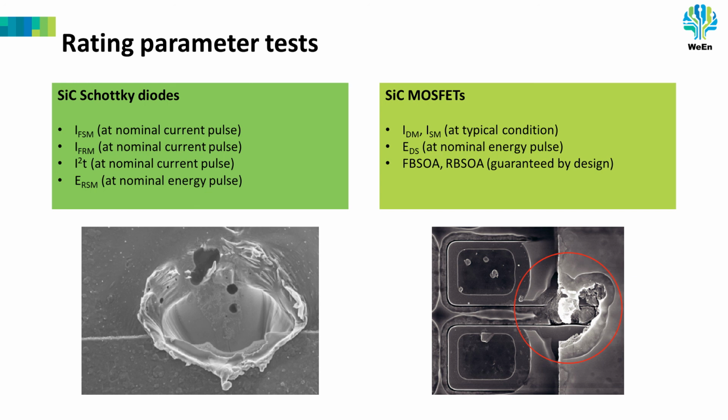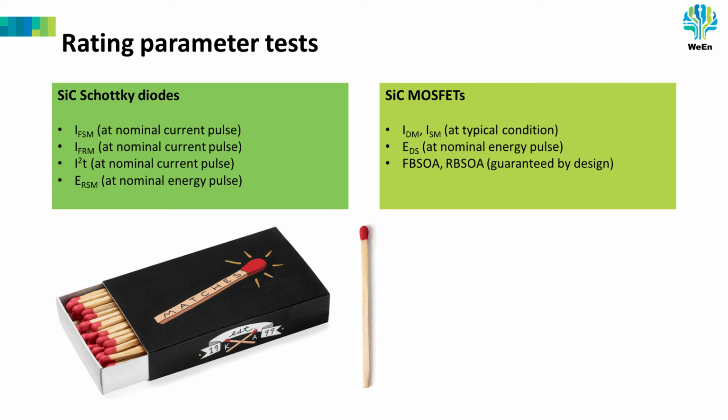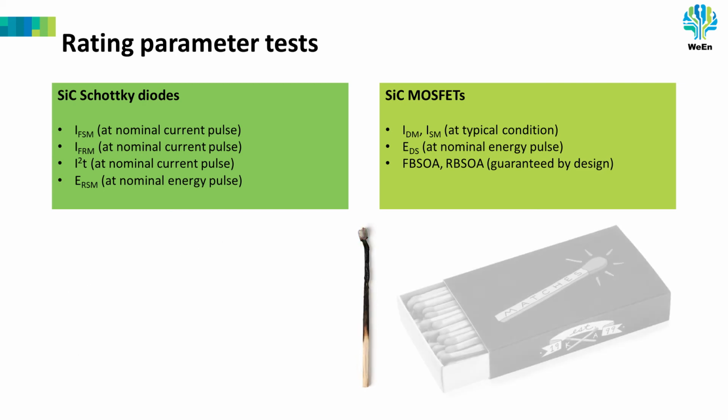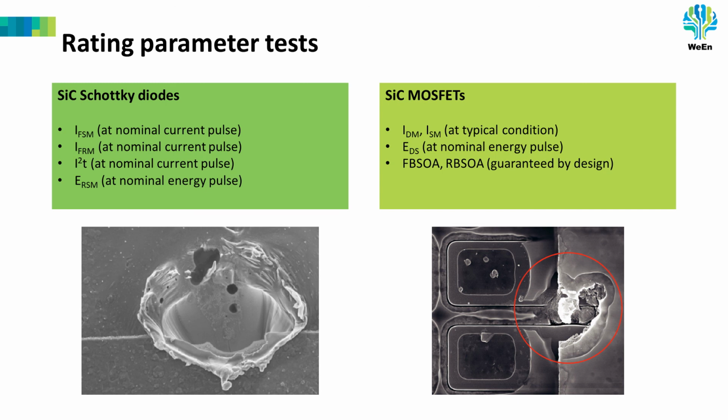Testing rating parameters is an interesting job, because if you really want to know what the IFSM of a diode is, you have to test it to destruction. That would be like testing matches in a matches factory. Unfortunately, you could not sell any matches anymore. So we test these rating parameters up to a certain level that we want to guarantee.